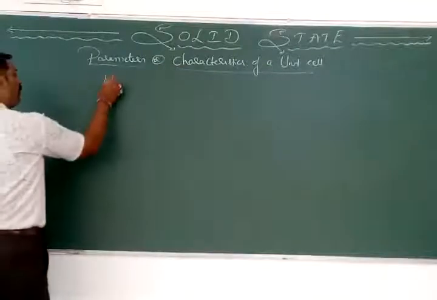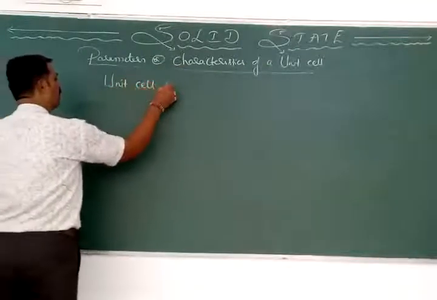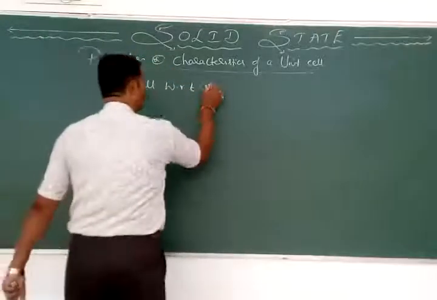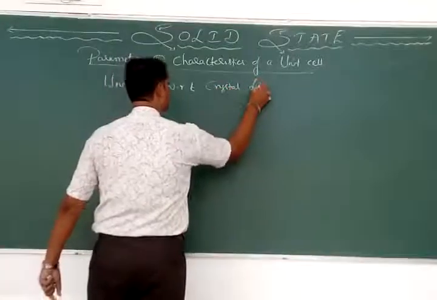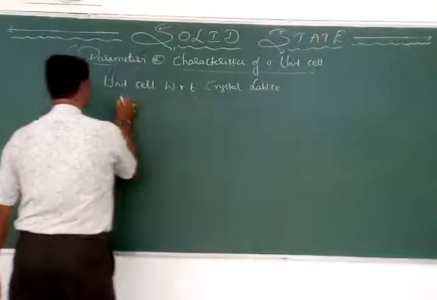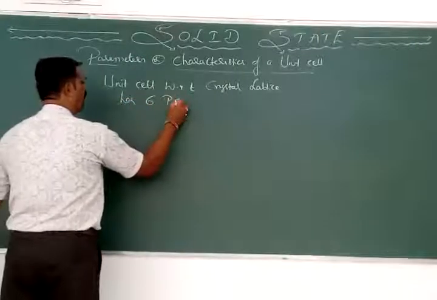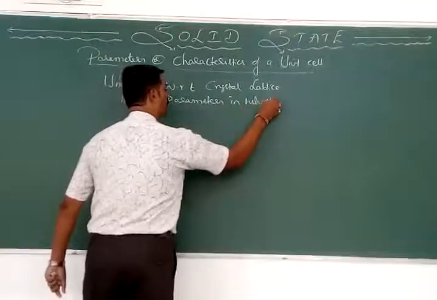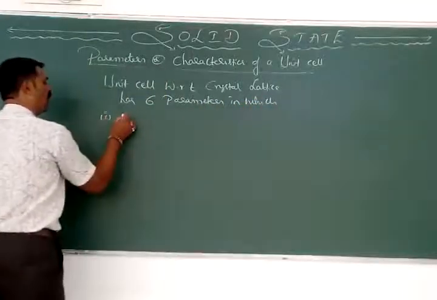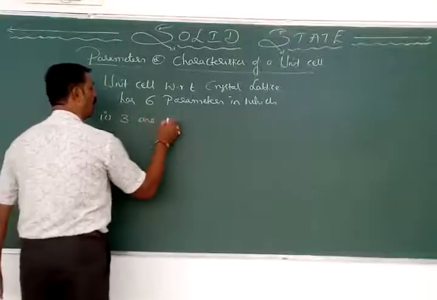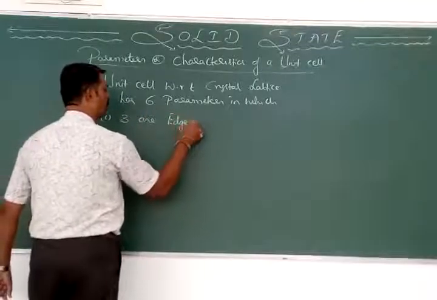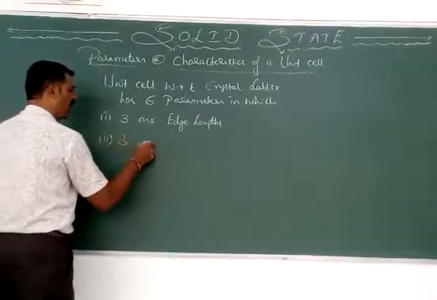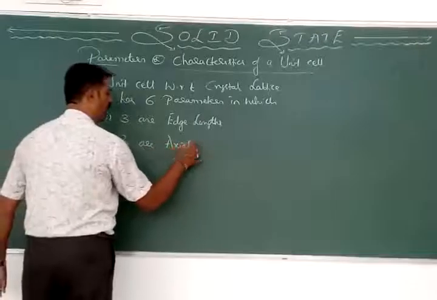So here, the unit cell with respect to the crystal lattice has 6 parameters, in which 3 are edge lengths and 3 are axial angles.